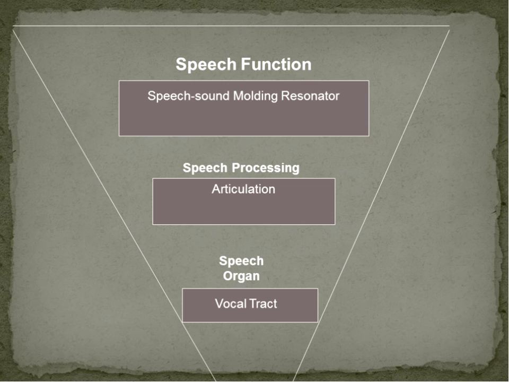cavities. There, depending on where we move our articulators, our tongue, our teeth, will depend on how we mold the speech sound that was generated by the larynx. So the sound generated by the larynx flows through the vocal tract.